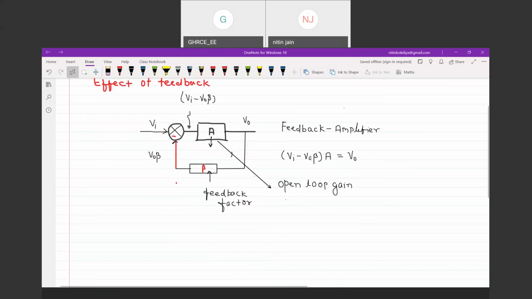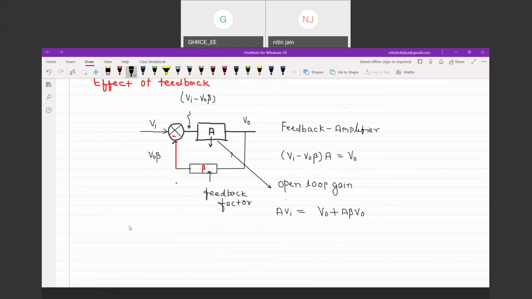The effect of feedback is desensitization. So you can say A times of Vi is equivalent to Vo plus A beta times of Vo.